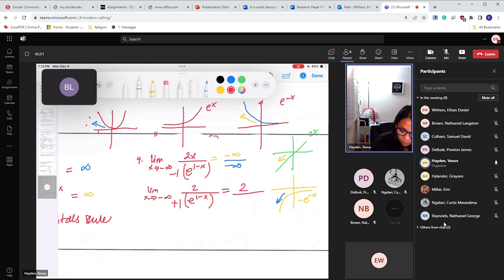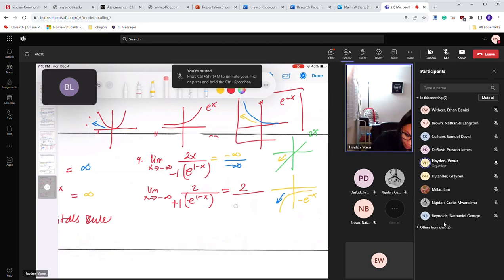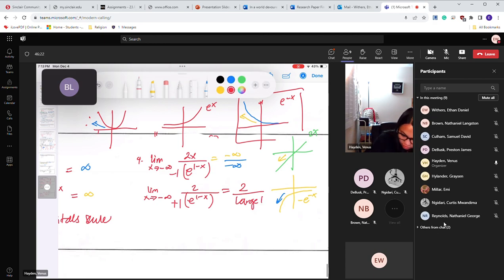But now the denominator, e to the power of 1 minus x, as x approaches negative infinity, going back to the graph that we have right over here, that becomes a bigger value. It's a large number. So if it's a fraction, 2 over some big number, it approaches 0. And that is it. That's all we have for today.